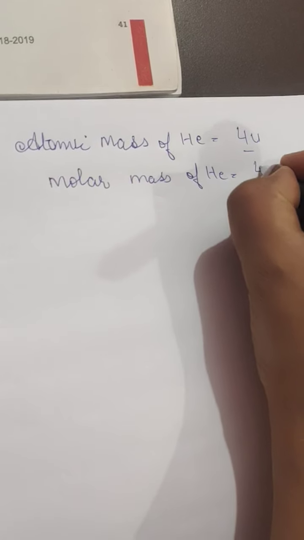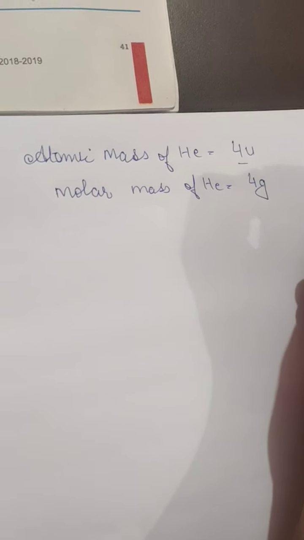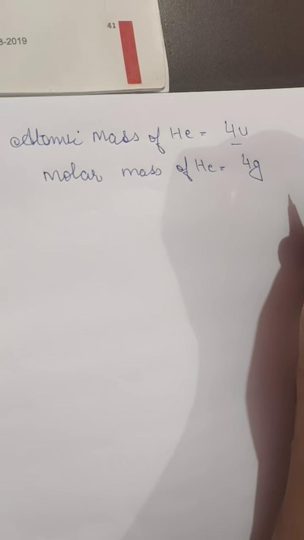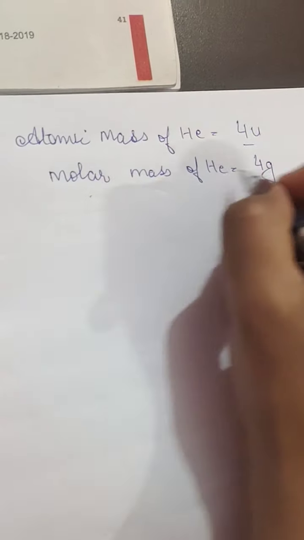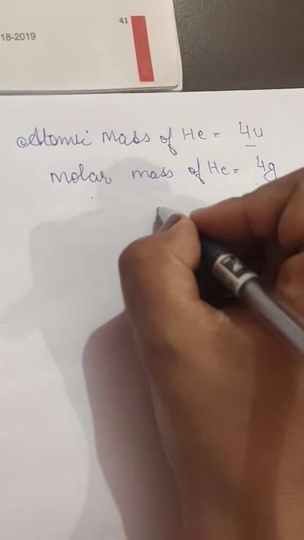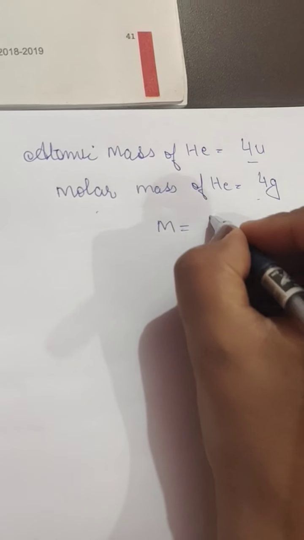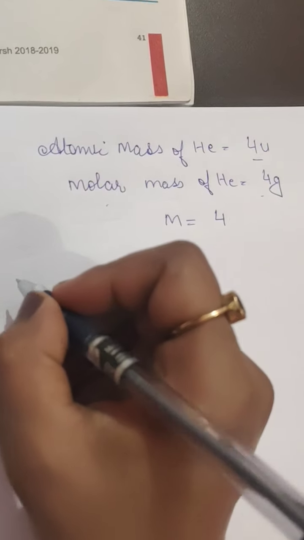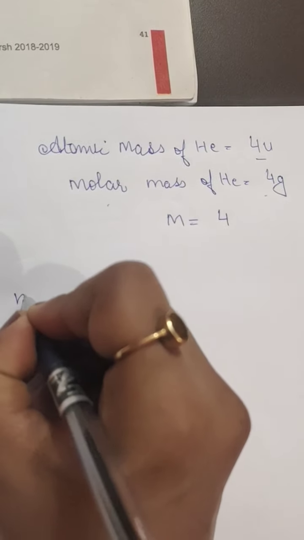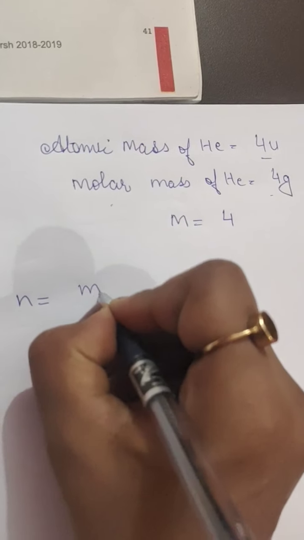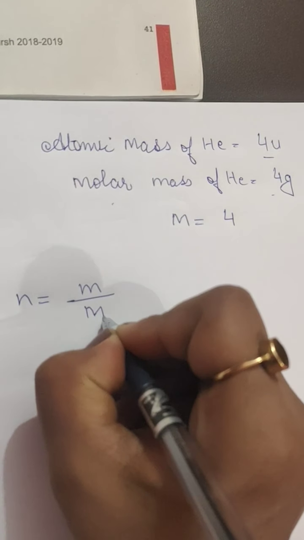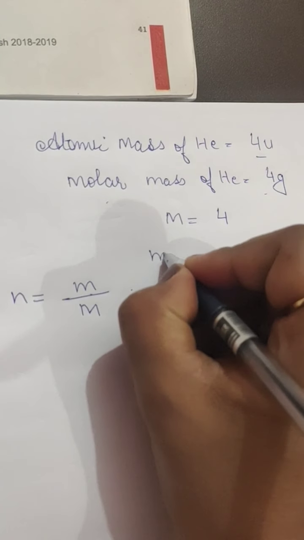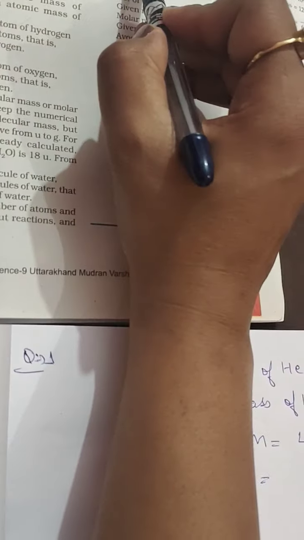4 grams, because gram molar mass or gram atomic mass, so we'll convert it into grams, because we have been given the mass in grams. So we have got the value of capital M. M equals 4. Now we have to find n. So n equals small m upon capital M. And small m has been given, because small m is in grams.